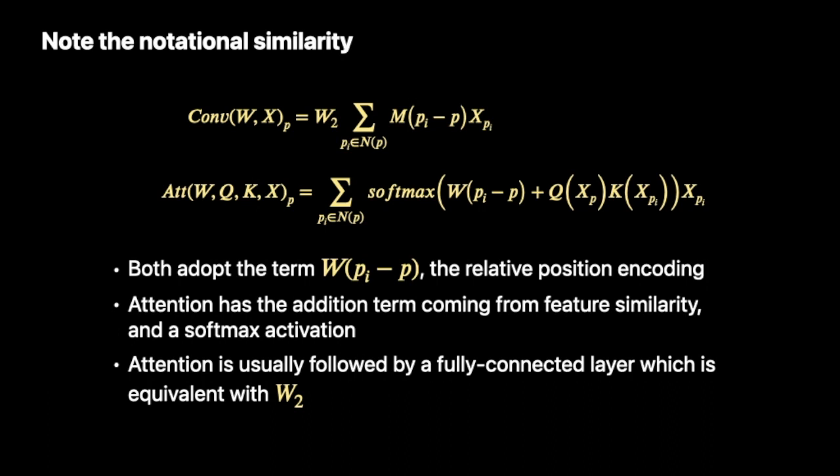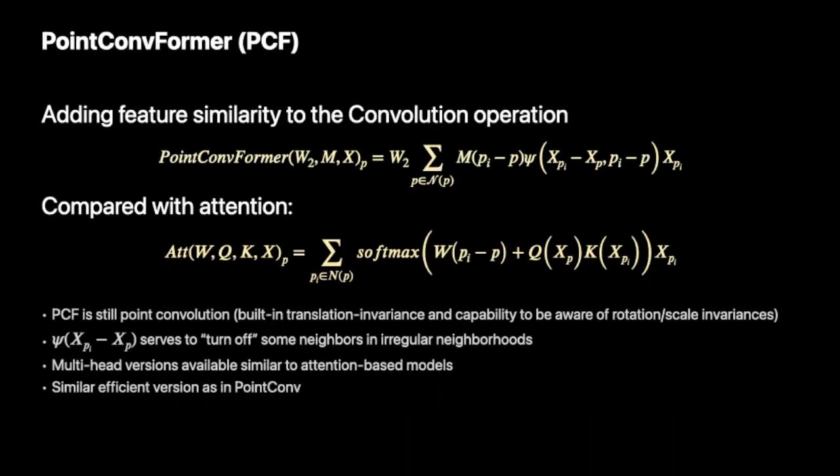Similar features can help us retain important or relevant points, and dissimilar features can help us filter out irrelevant points. So in our new formulation, we add this aspect to the point-based convolution, where we add a psi in the middle of the point-based convolution that takes as inputs the feature similarity as well as the location similarity. That helps us turn off certain irrelevant features, whereas it maintains the capability of PointConv to incorporate scale and rotation invariances because it maintains the formulation M of Pi minus P.